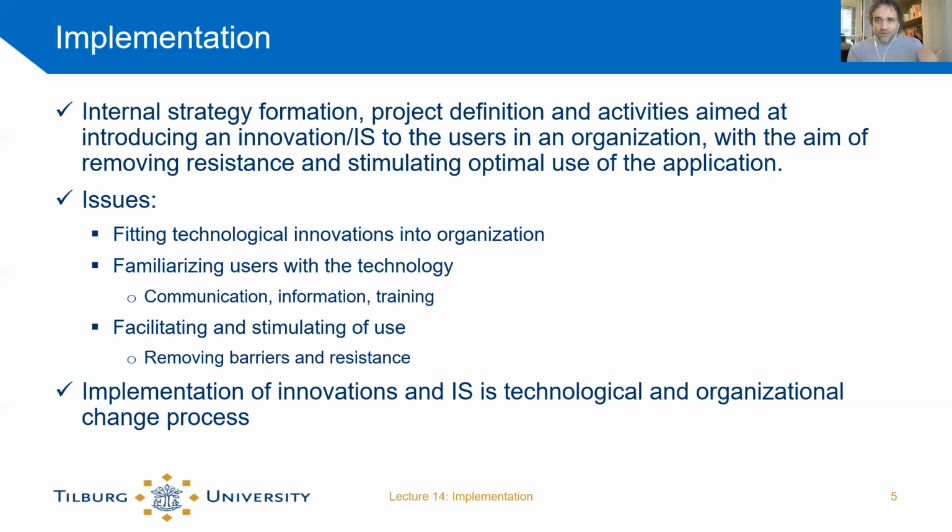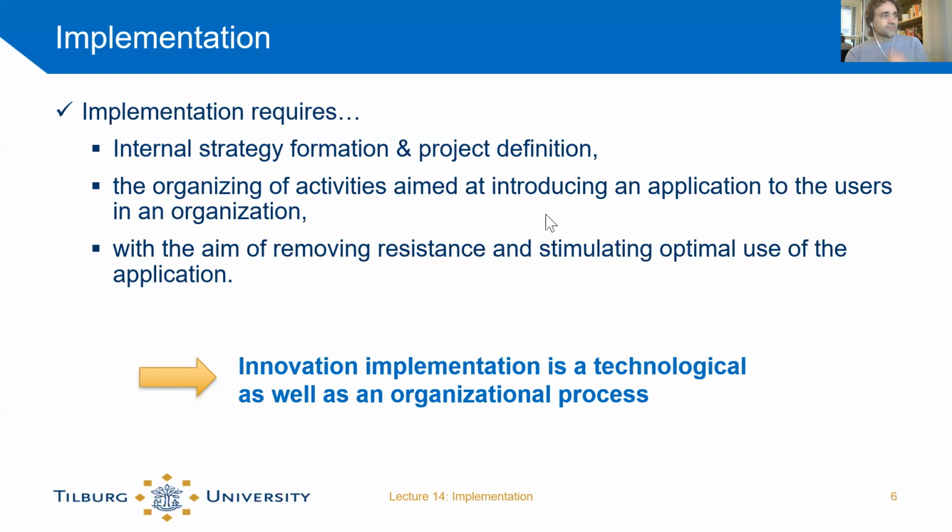So basically, implementation of a new technology or innovation in an organization is, of course, partly a technological process, but it is as much an organizational process as well. Therefore, when you want to implement something in an organization, you have to approach it as basically a minor business plan.